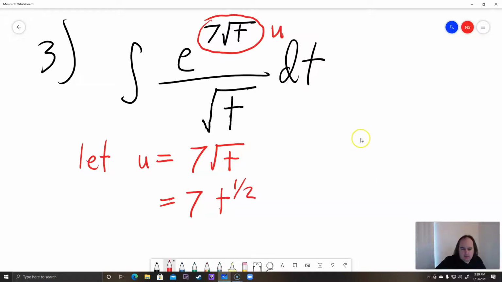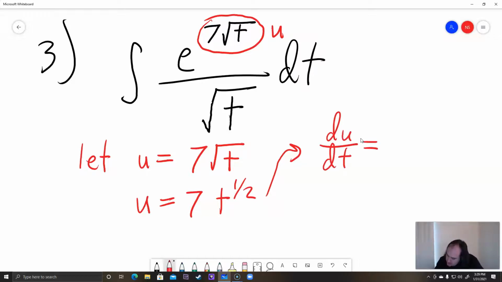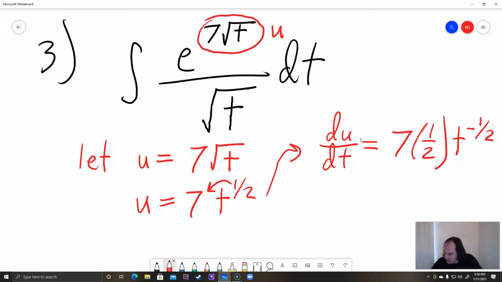That's our u, and then when we take the derivative, we get du/dt equals 7 times, doing the power rule, we bring the exponent out front, so 7 times 1/2, and then we subtract 1 from the exponent. So we get times t to the negative 1/2. So 7 times 1/2 t to the negative 1/2.